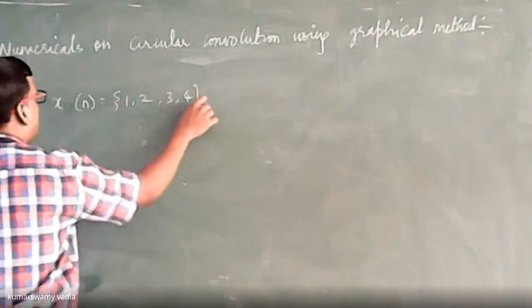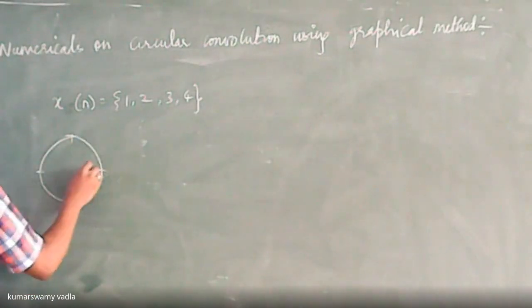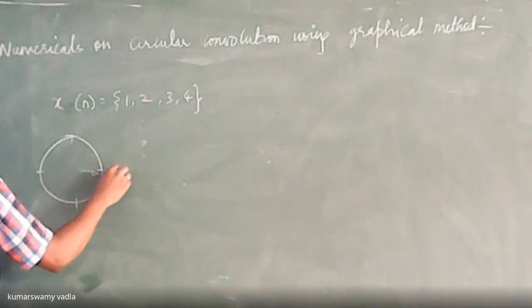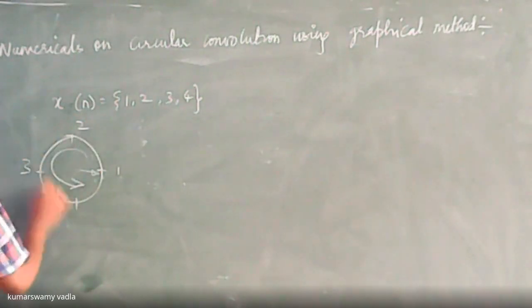How will you draw this first? In the circle, you should start from this point, 1, and rotate anti-clockwise, 2, 3, 4.